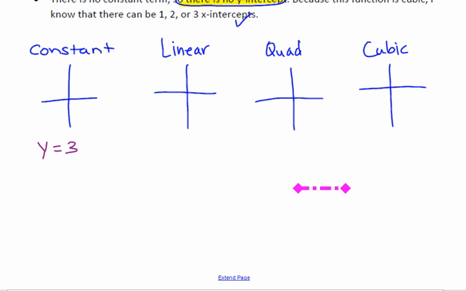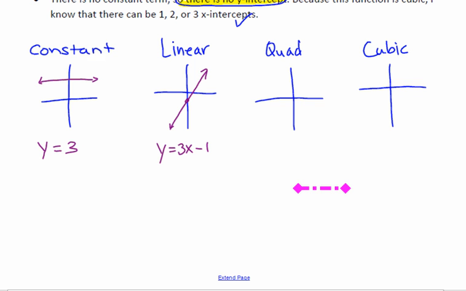Like y equals 3, what would that look like? What type of line? Straight. All lines are straight, so horizontal. That would be a constant. Okay, linear, if I had y equals 3x plus 1, or minus 1, what would that look like? The y-intercept would be -1 and a slope of 3. So it's also a line. It has degree of 1, but it actually has a slope.